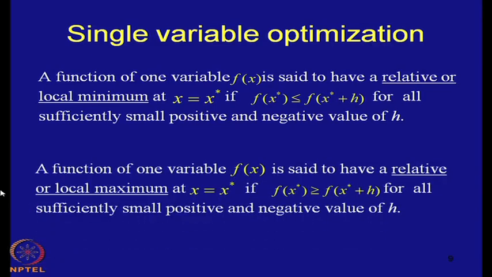Similarly, we can define the relative or local maximum. We can say x star is the relative maximum if we consider a neighborhood of x star on the real line, that is, for all sufficiently small positive and negative values of h, if we can establish that f(x star) is greater than or equal to f(x star plus h), then we can declare x star the relative or local maximum for the given function f(x).